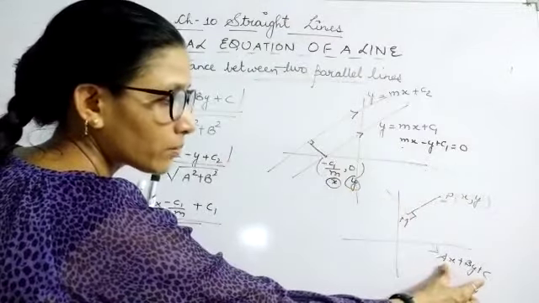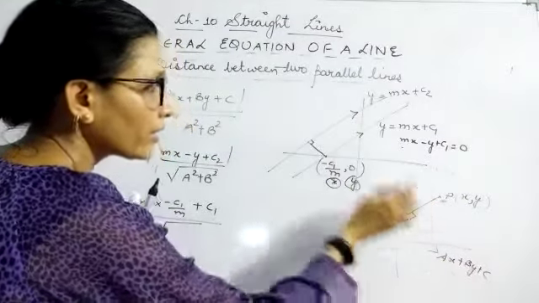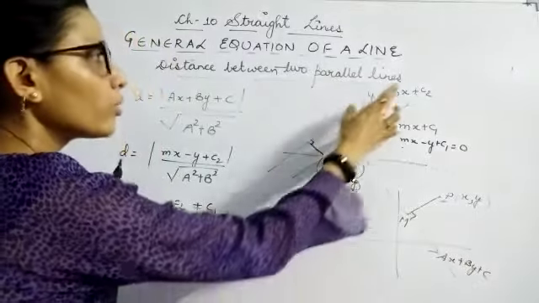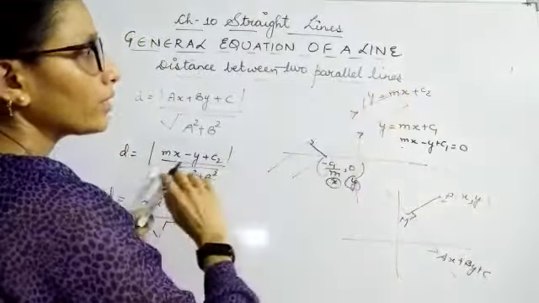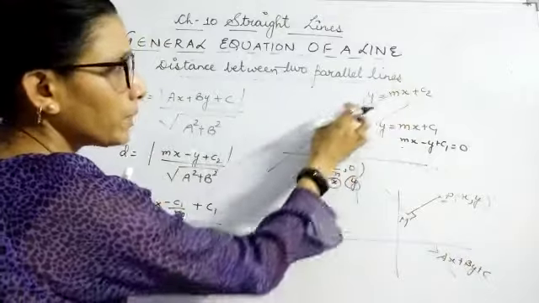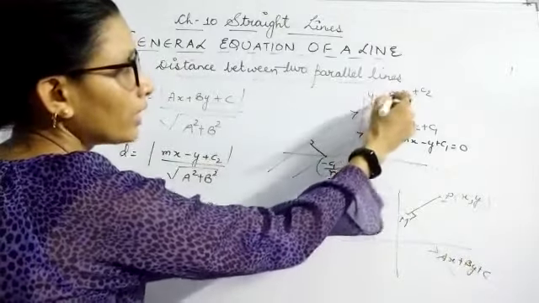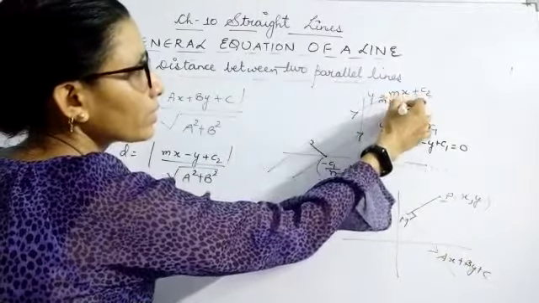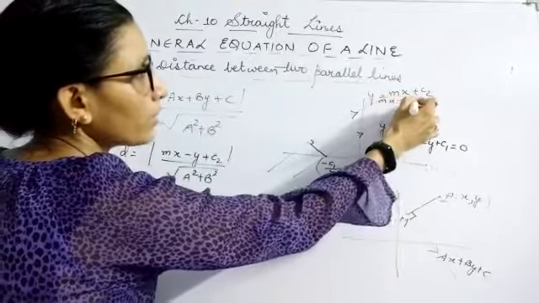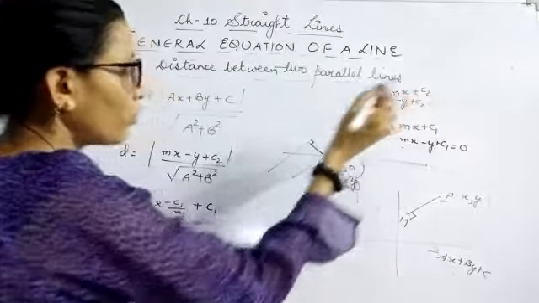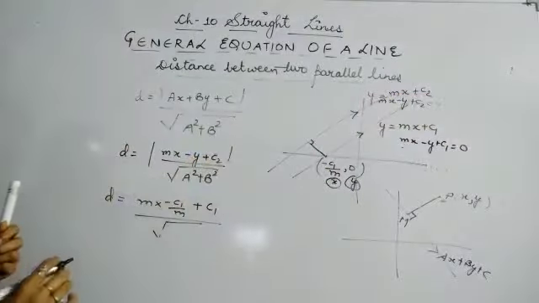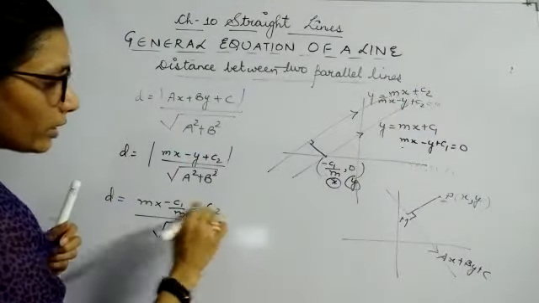That means ax plus by plus c equal to 0 we had taken. So this line is perpendicular to this line. That's why I have taken it in the form mx minus y plus c2 equal to 0. Okay. So here I will be writing it as c2.